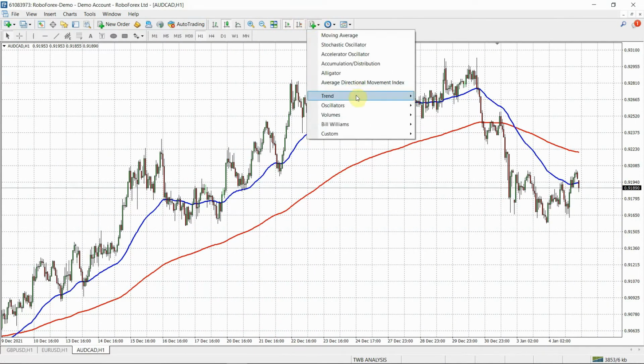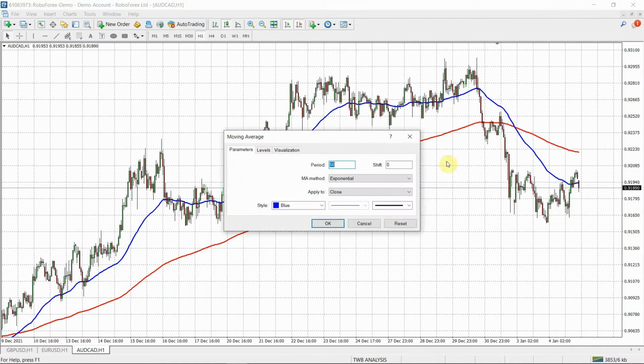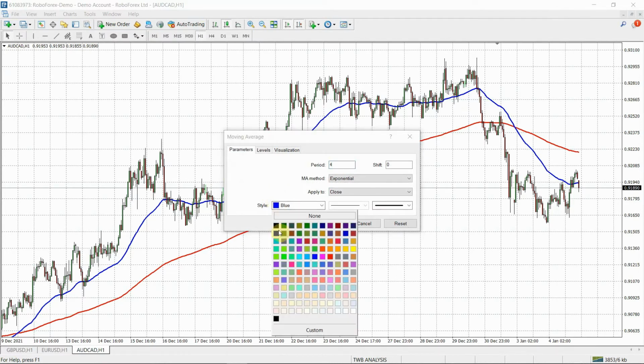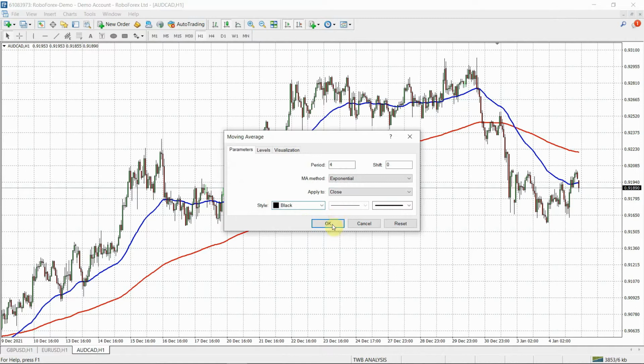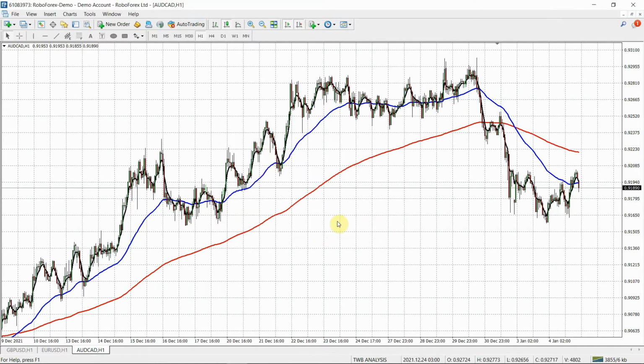Apply to close is by default on the close, so you don't have to really worry about that, for those of you that may be wondering. So we have the 4, and I think I'll put the 4 in black so we could easily spot it on the chart. And okay, so you can see we have our 3 moving averages all settled out.